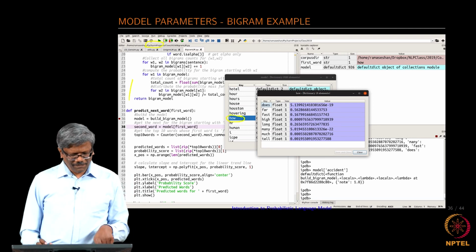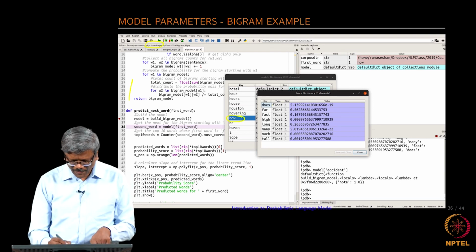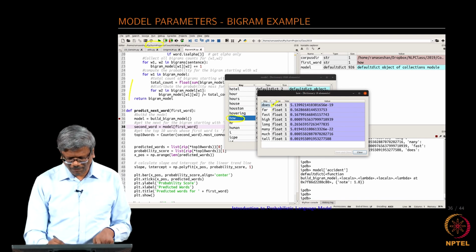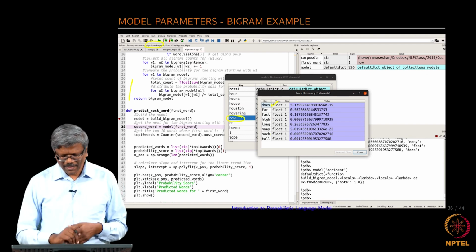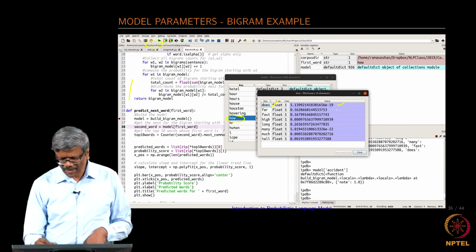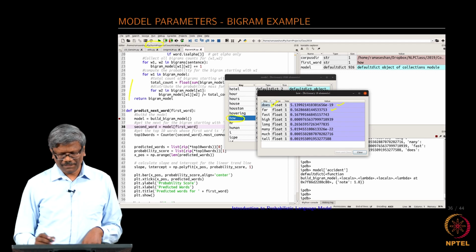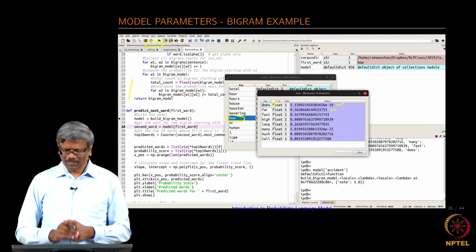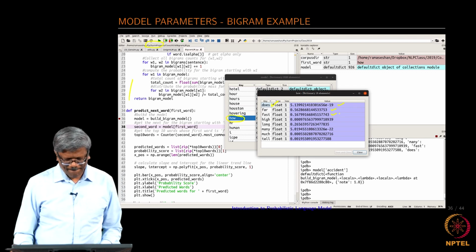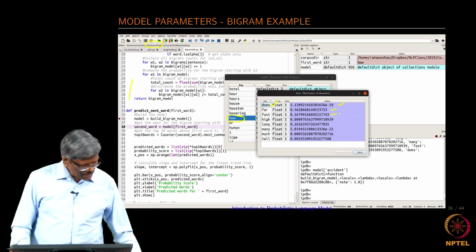For the word how, you see there are various combinations: how does, how far, how fast, how high, how long, how many, how much, how tall. And then it gives you all the probabilities of those two words occurring together, out of which you pick the highest one. So, let us see what is the highest one.